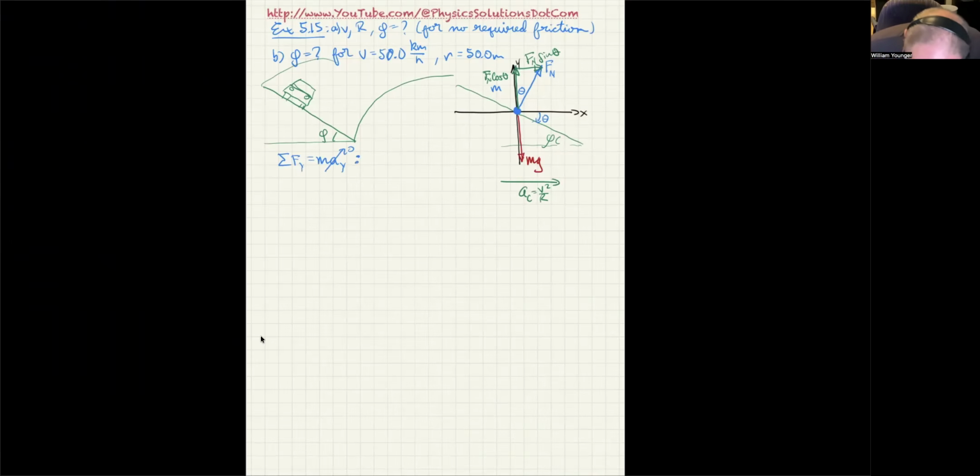That gives us specifically that Fn cosine theta minus mg is equal to zero. Therefore, we can say that the normal force is equal to mg over cosine theta, and I'm going to call that equation 1. So that looks familiar. We've gotten a result like that before, but specifically, we're now going to use that for our normal force. Now, with that normal force, we can combine that with sine theta, for instance, to get the force in the x direction.